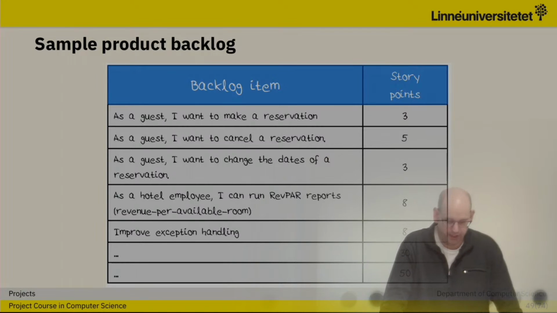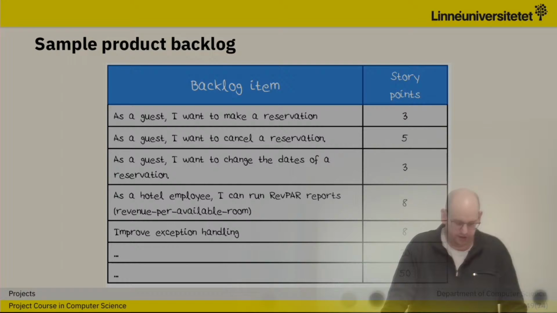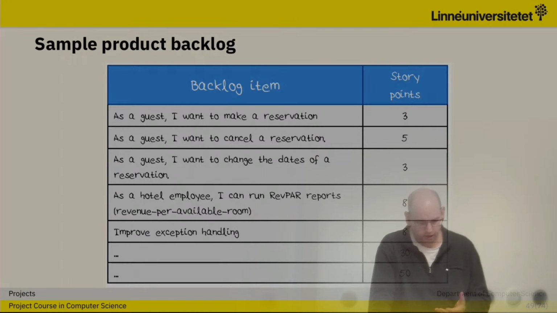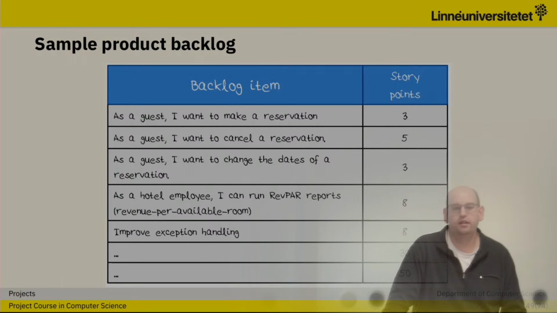As a guest, I want to make a reservation. As a guest, I want to cancel a reservation. As a guest, I want to change the date of a reservation. Fairly easy to understand stories that we can implement. And we'll see that these requirements, in this way of describing them, make it a bit easier for everyone involved.